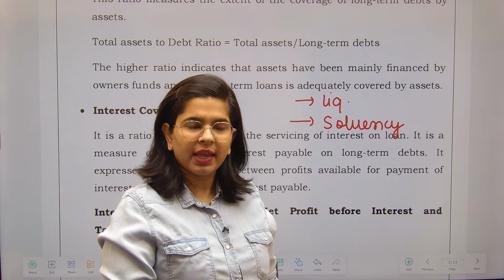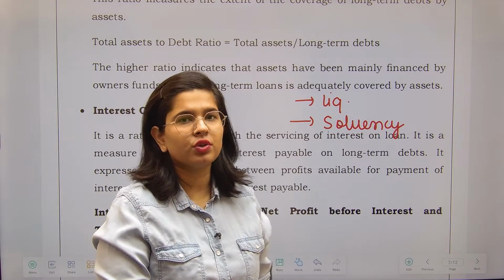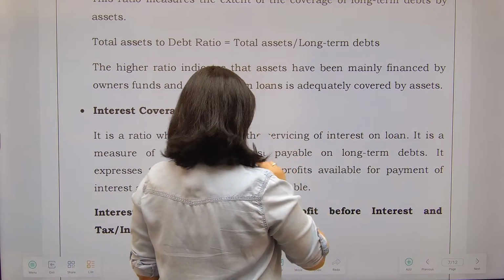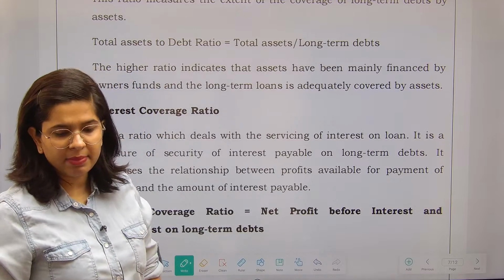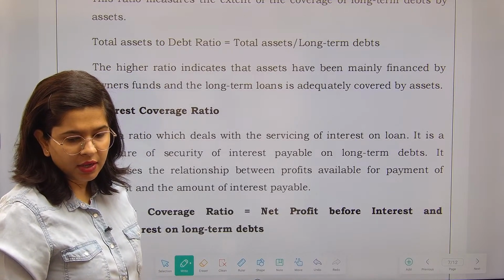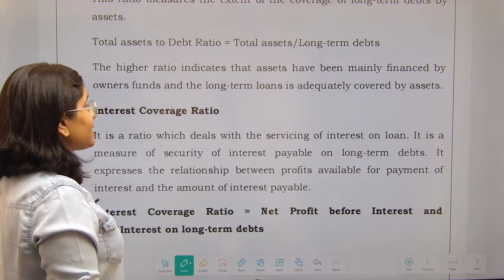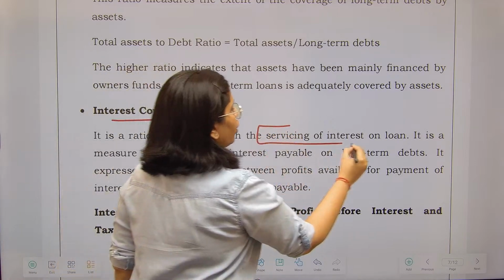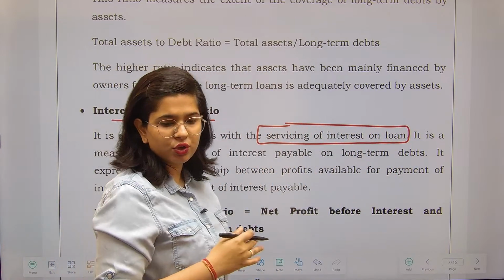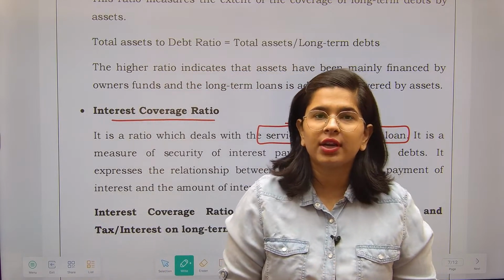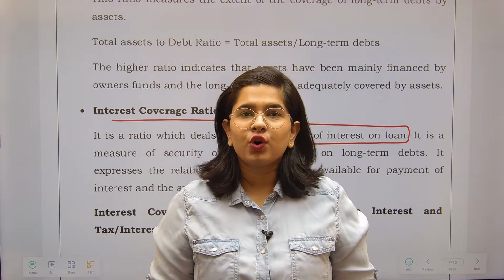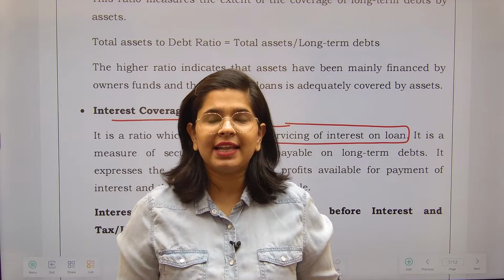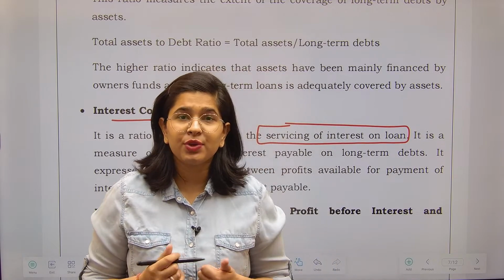Correct? So in your solvency ratios, one more ratio I thought of including, because questions are often built on this. It is the interest coverage ratio, which deals with the servicing of interest on loan. This ratio seeks to know whether you will be able to pay your interest, whether you have sufficient profit for it.